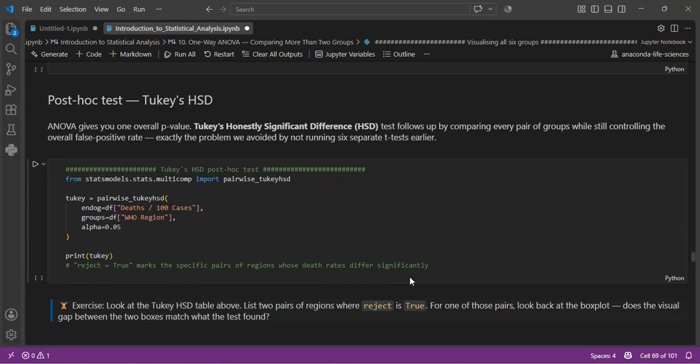Initially, when you run the previous t-test without the ANOVA, you will realize that when you repeat it over multiple columns, you increase the false positive rate.